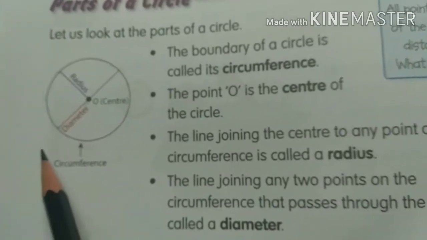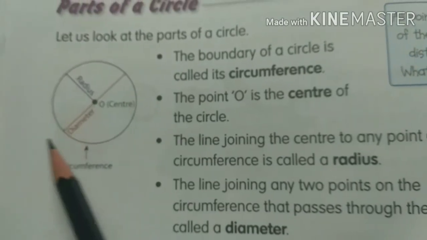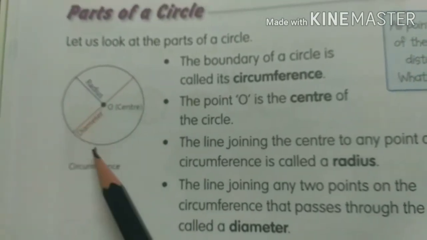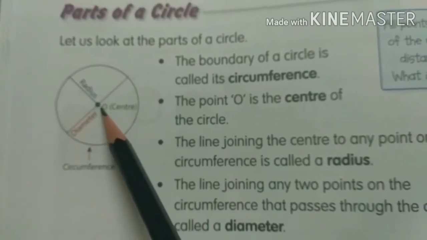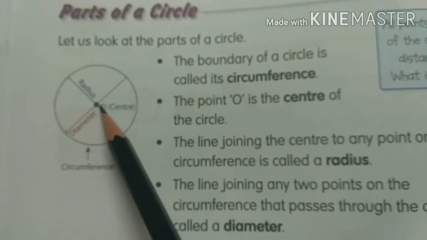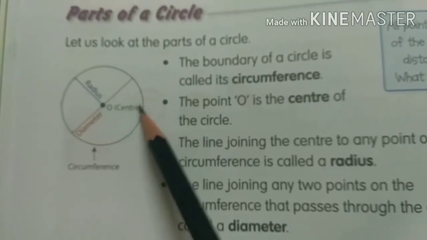Once again, the boundary of a circle is called circumference. This point O is the center of the circle.